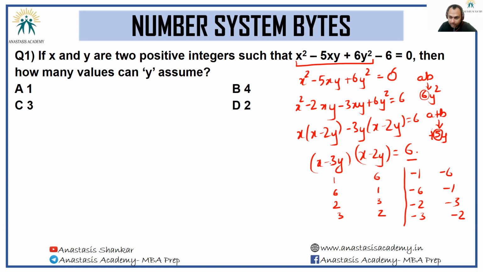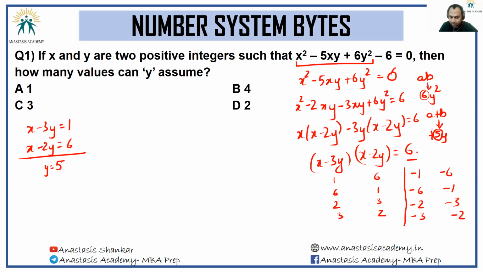So let's go. x minus 3y is equal to 1 and x minus 2y is equal to 6. This will directly give me y is equal to 5 here.